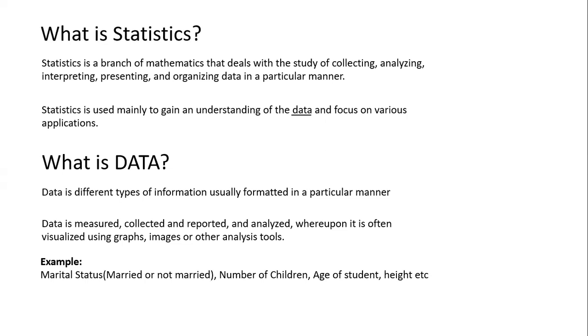We can give some examples here, like the marital status, whether the person is married or not, and if married, the number of children. If we are in a school, we will be calculating the age of the student who is studying in ninth or 10th class, and the height or weight of the person. So all together, this is called data.